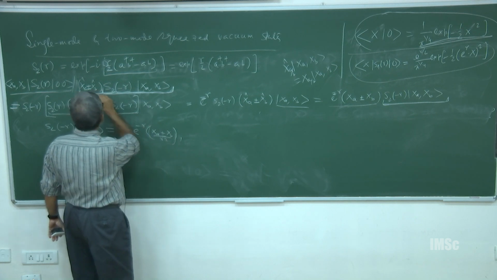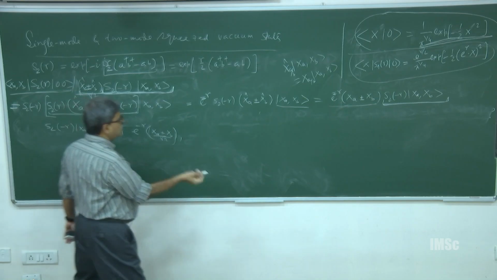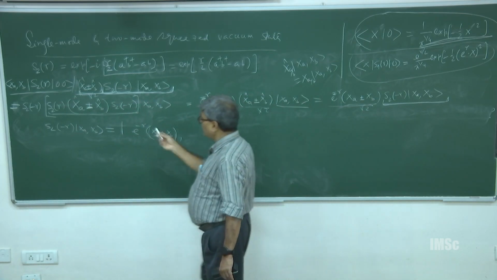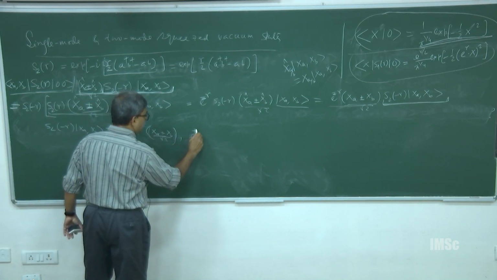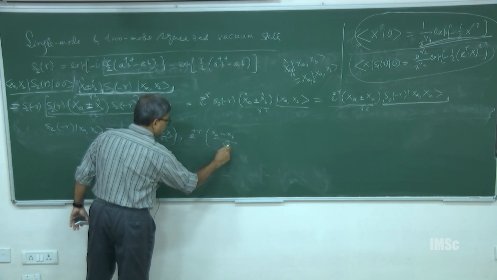I should have put a square root of 2 to normalize it, so ultimately you will have square root of 2 everywhere. So this will be e to the power plus r, then XA minus XB by root 2.